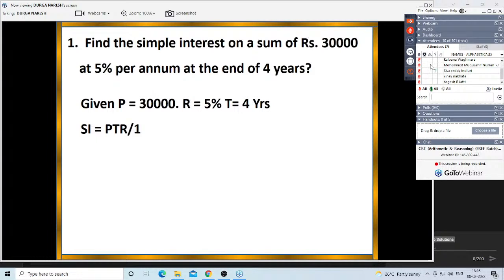Just substitute the values: 30,000 into 4 into 5 by 100. Do your own calculation. So what is the answer? 6,000 is the simple interest. We have to find only simple interest, not the total amount.